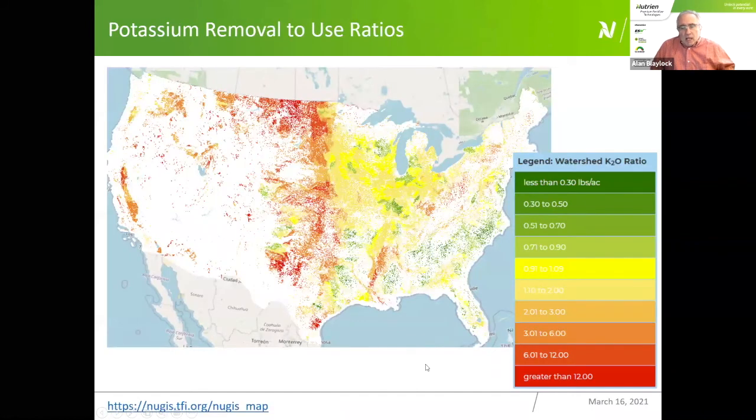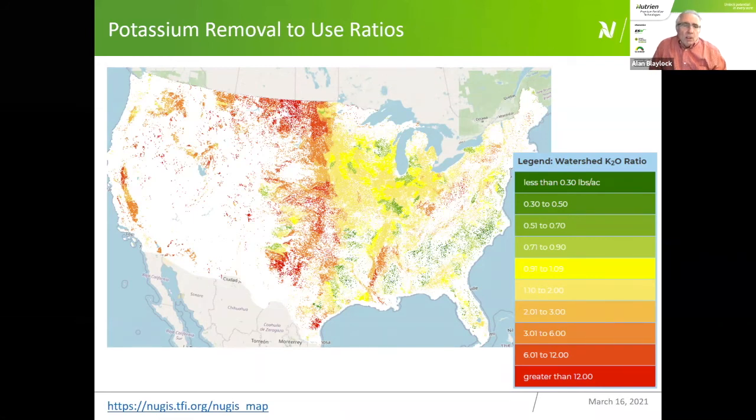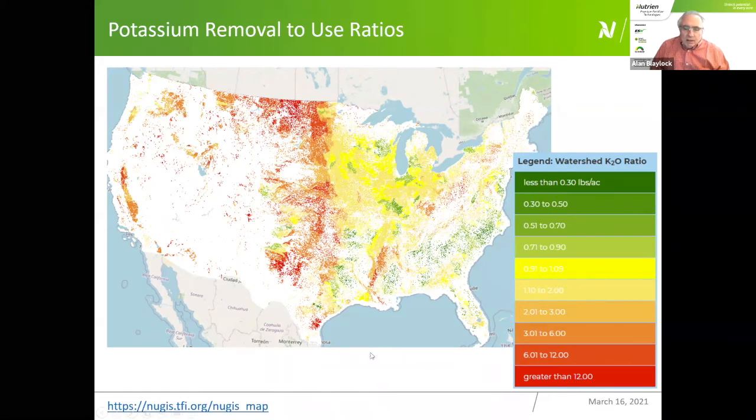So again, we look at removal to use ratios, and we look here throughout the plain states where our soils are naturally quite high in potassium, and perhaps removing more than is being used is not a big deal because we have soils that are 300 or 400 parts per million potassium. I worked in Wyoming for a while, and we had some fields that were 500 or 600 parts per million.